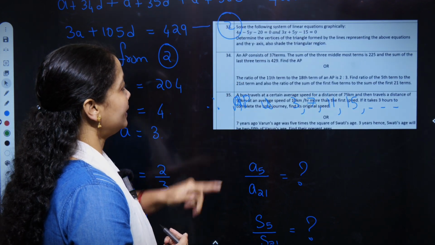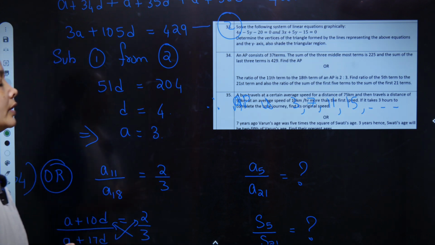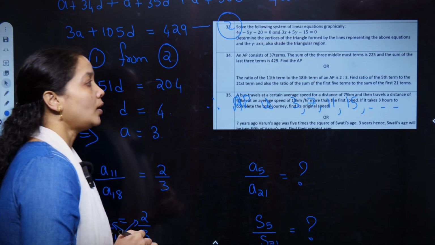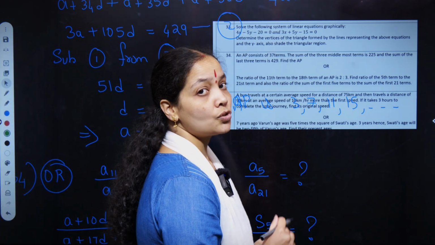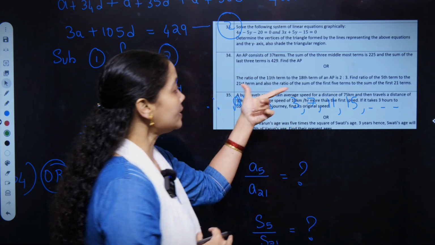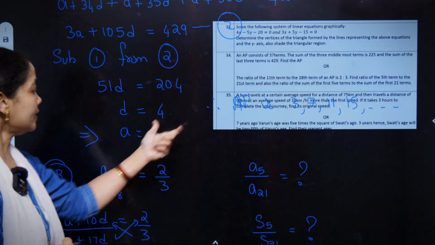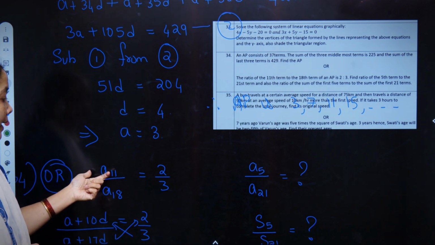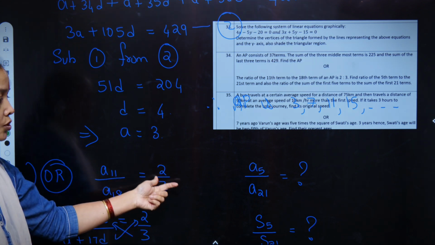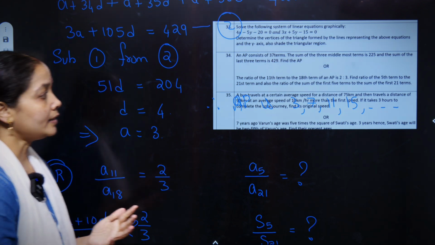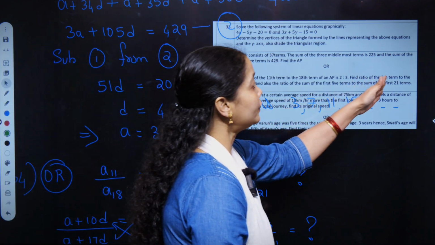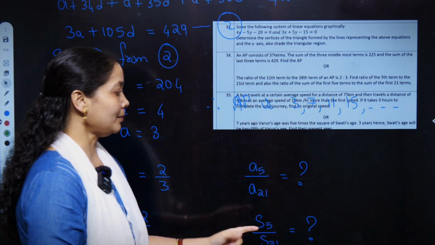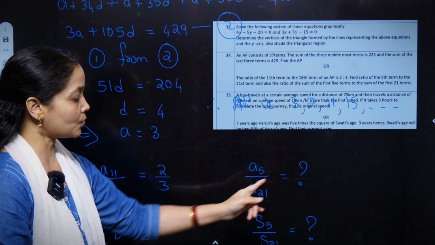What is the OR part telling me? The ratio of the 11th term to the 18th term of an AP is 2:3. Whenever you read such a question, immediately try to figure out the equation based on it. What is it? A11 divided by A18 is 2/3. What should I find here? Find the ratio of the 5th term to the 21st term, that is A5 by A21 is question mark.